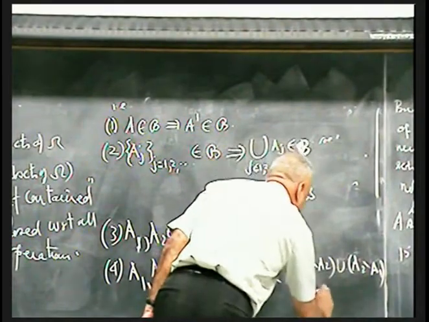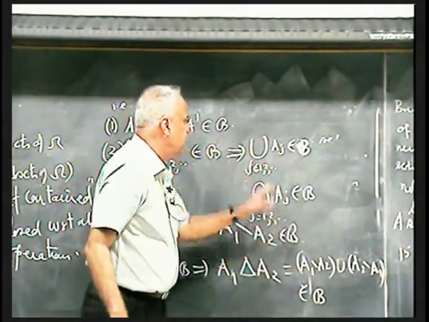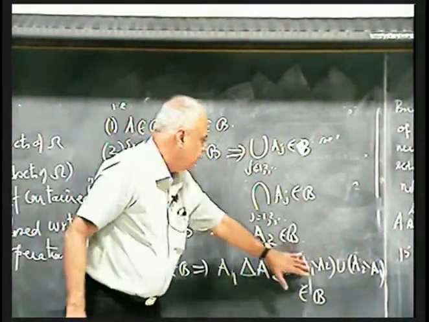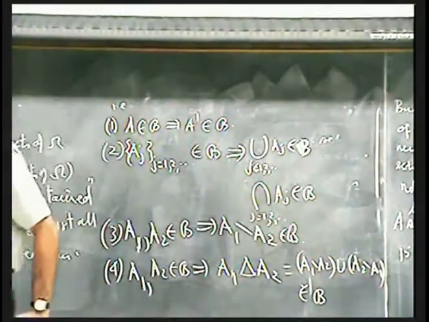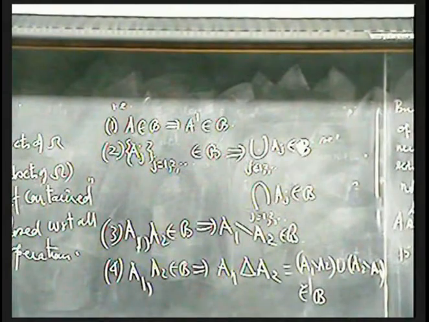That must also be in B. This is obvious from the previous ones, because this portion is there, that portion is there, and the union must be there. So that is what I mean by self-contained. I say that a collection of sets is self-contained if I can do all the standard set theoretic operations on them without having to go out of that collection.